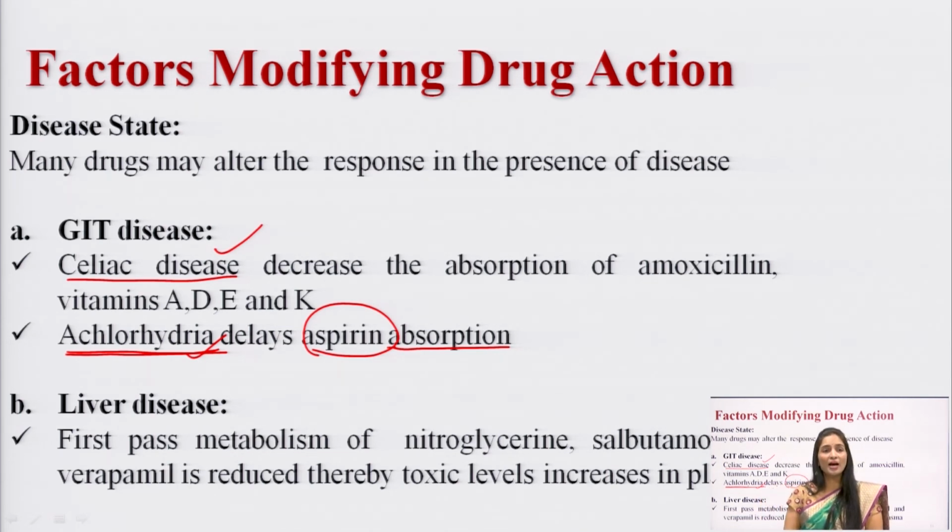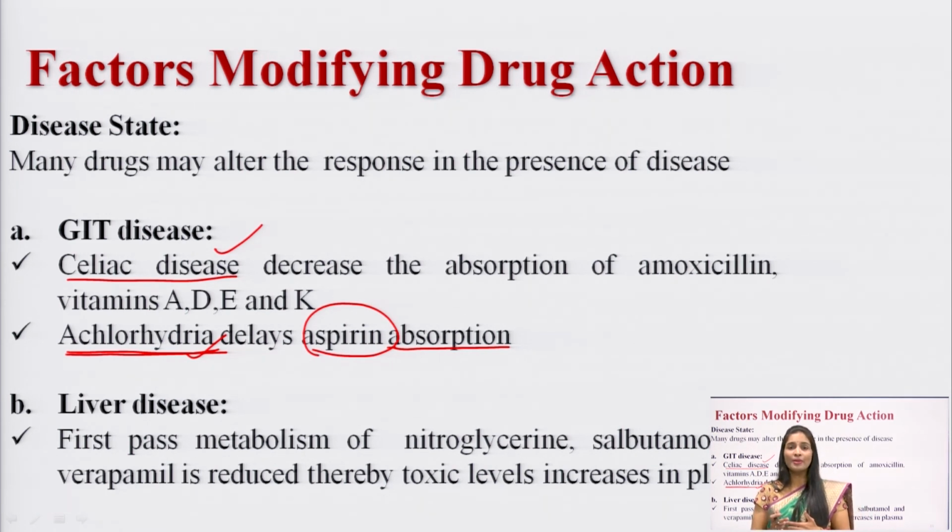Due to the first pass metabolism of nitroglycerin, salbutamol, warfarin, verapamil will reduce, thereby the toxic level will increase in the plasma. What is going to happen if a person has a liver disorder?